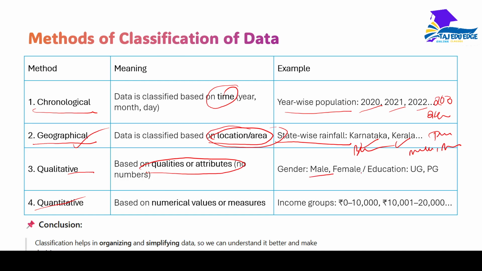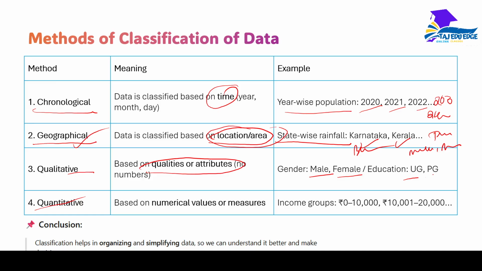Example, male, female. We can say how many males are there, how many females are there, but male, female gender is not a number. Education like undergraduation, post graduation is not a number. So all these are qualitative things.